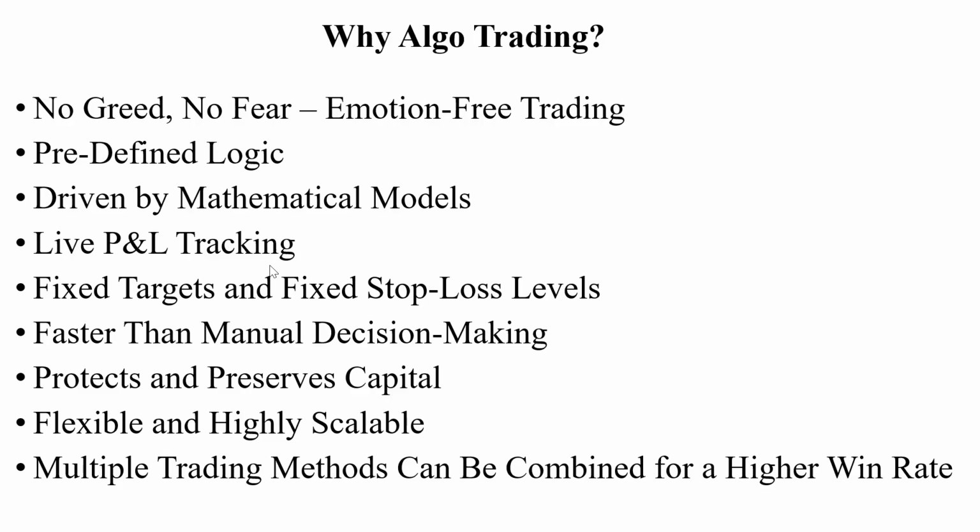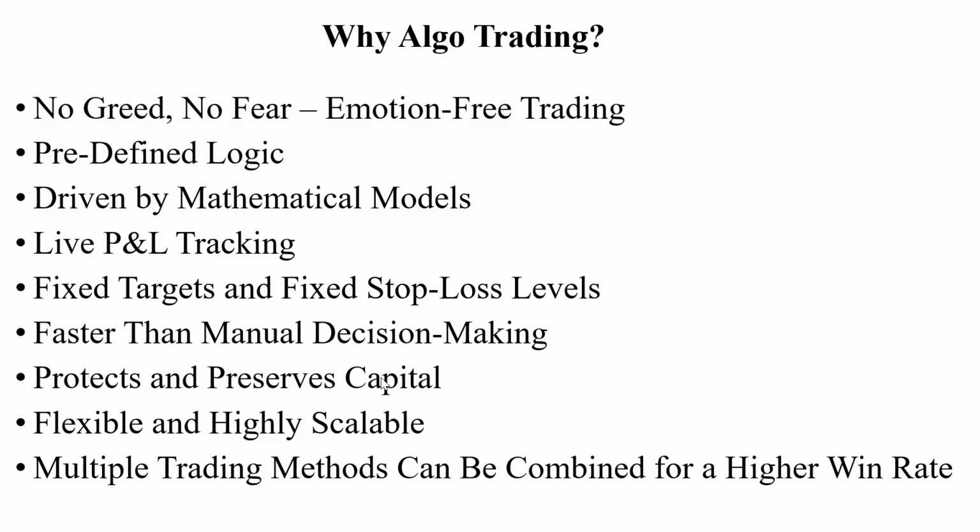Next part is it is faster than manual trading. Normal manual trading requires a lot of decision making capability, but in algo trading we already have a predefined rule. So it is faster than manual. It takes decisions very fast. It protects and preserves your capital.